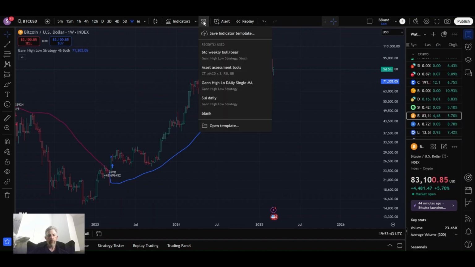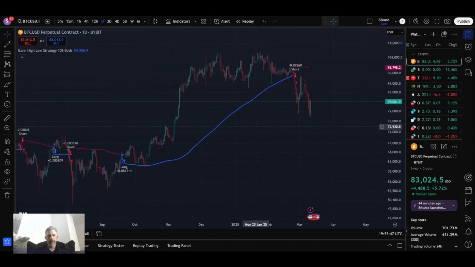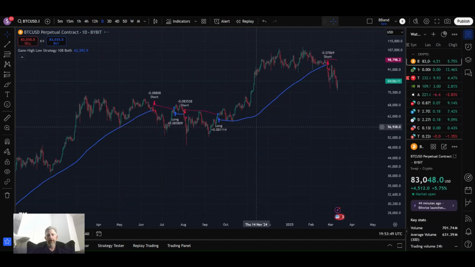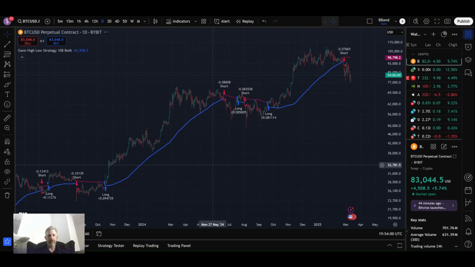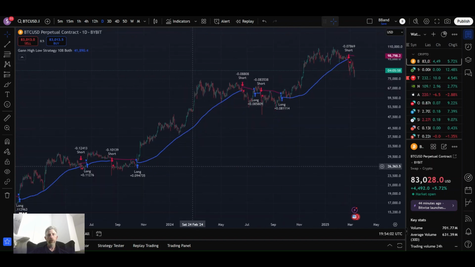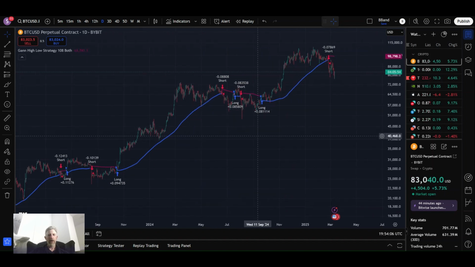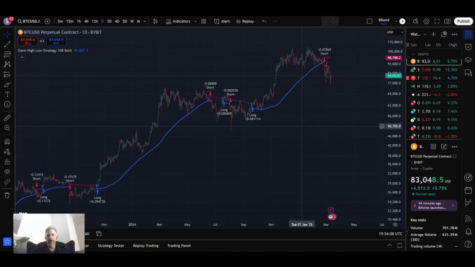I've shown you this chart before with my shorter term long short signals, and you can see that I got out of my long positions and indeed sold my Bitcoin back over here because of the short signal on this. This is a daily time frame, so it's more short period trading rather than investing, although I'm more of an investor than a trader these days.